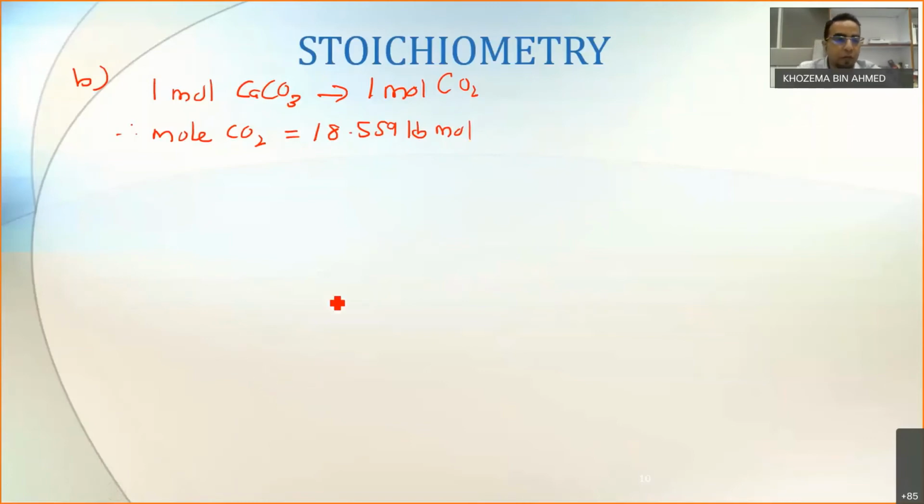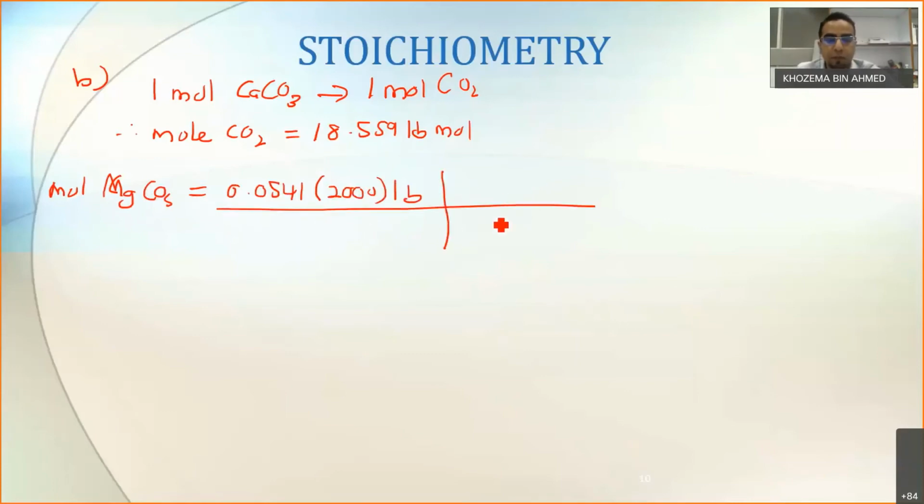So now I have to find how much CO2 was produced from the magnesium carbonate reaction. In order to do that, I have to first find the mole of magnesium carbonate. The mole of magnesium carbonate is equal to, we know that the composition of magnesium carbonate in our limestone was 0.0541, multiplied by 2000 pound, and then divided by the molecular weight.